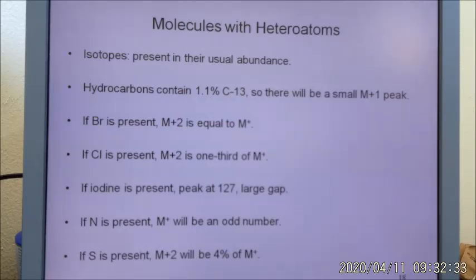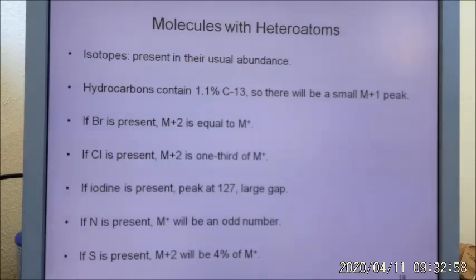Iodine only has iodine 127, but what's interesting about that is iodine is so large and heavy that you'll see a gigantic gap between your fragments, between one that has iodine and a fragment that doesn't have iodine. Nitrogen, look at your molar mass, it tends to be an odd number.